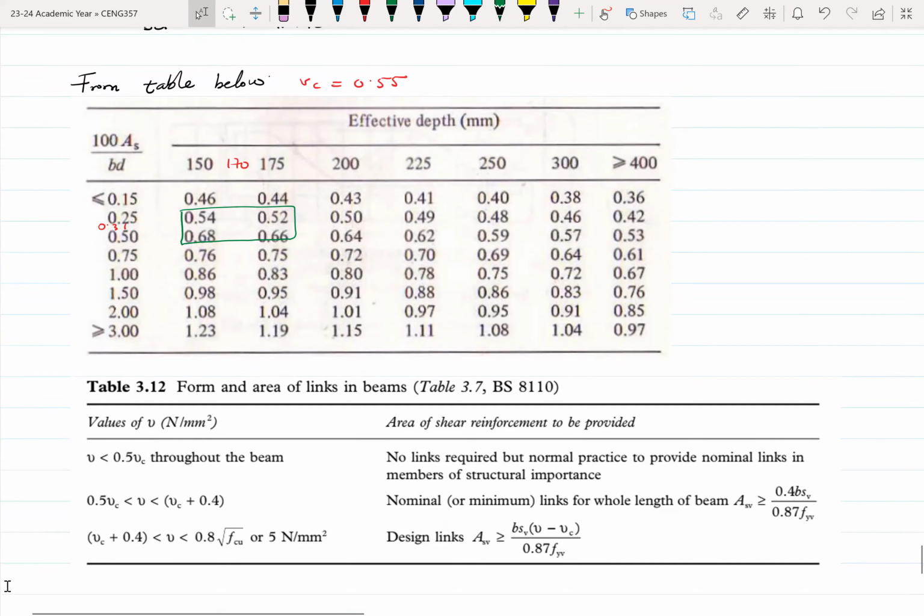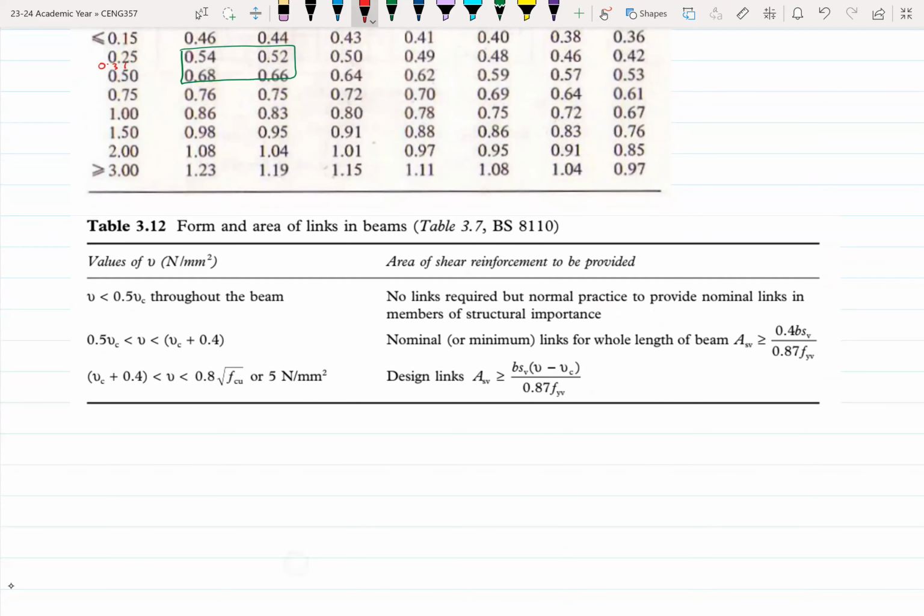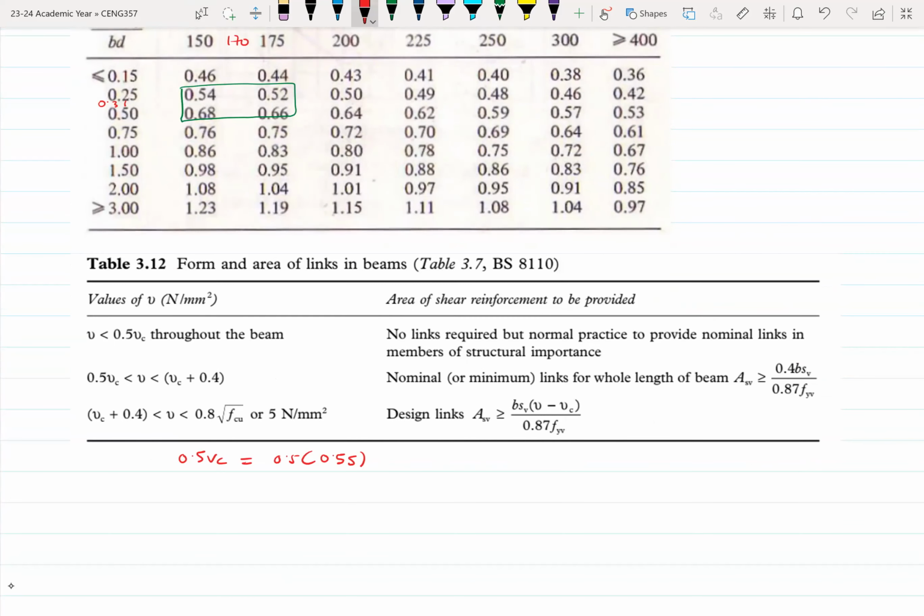So let's find 0.5 VC. 0.5 times 0.55. So this will give me what? 0.275 maybe. Am I correct? We can always cross check, but I think I should be correct.